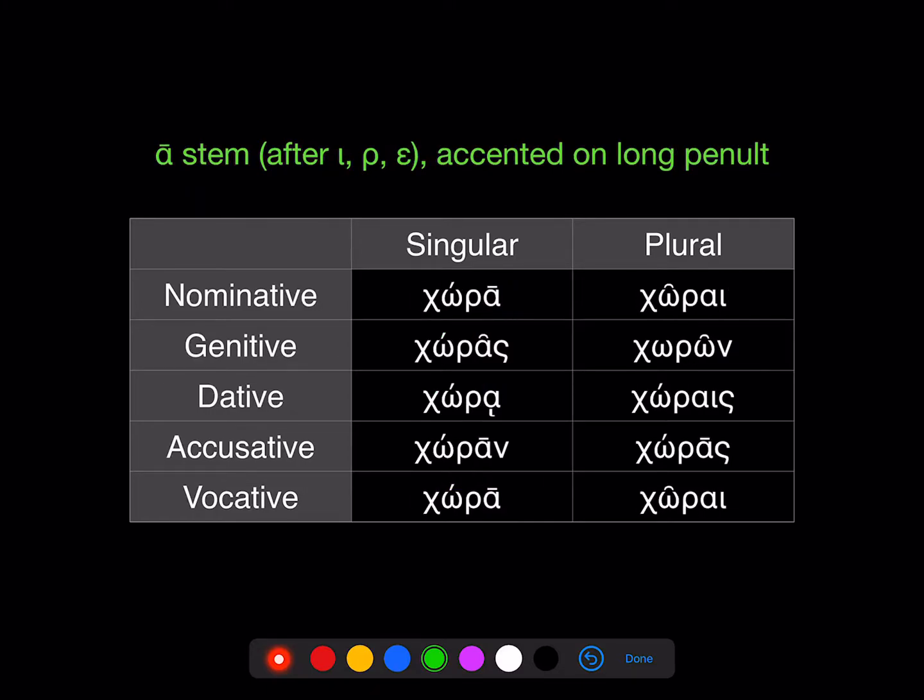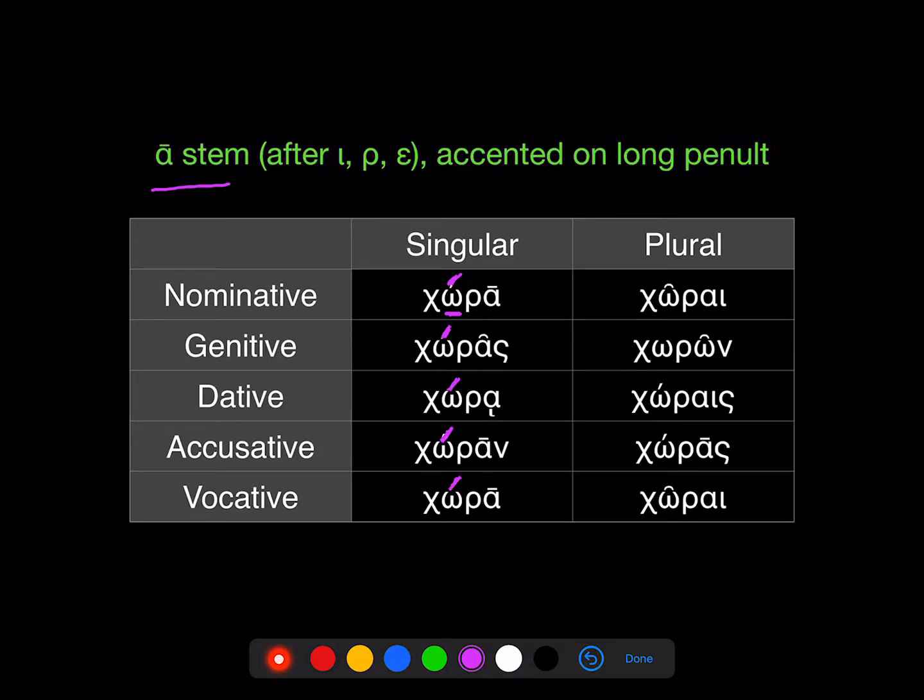All right, here's yet one more long alpha stem, and it's chora, countryside. Again, it's accented on the penult, but now this is a long vowel. Omega is a long vowel. And so this is going to make a couple of small differences. Mostly, it's exactly the same, right?